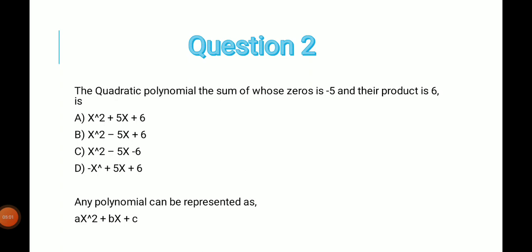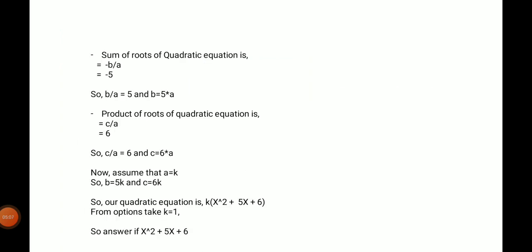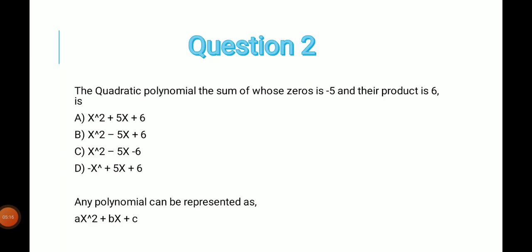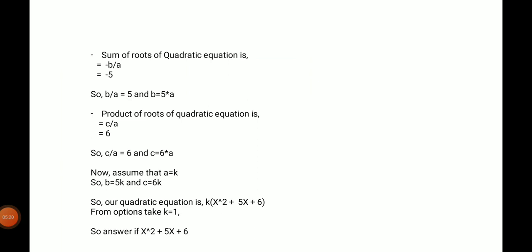You know the general polynomial can be written as ax² + bx + c. The sum of roots of a quadratic equation is -b/a, and it is given as -5.